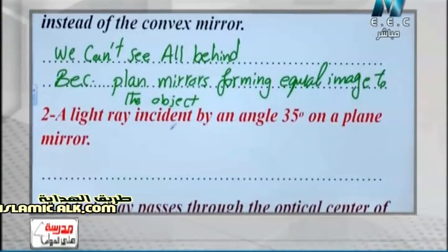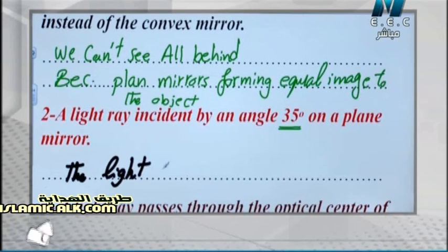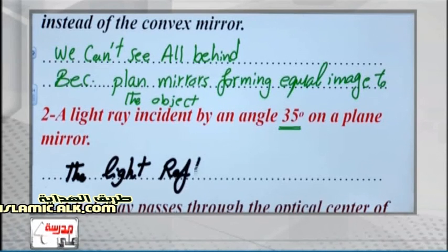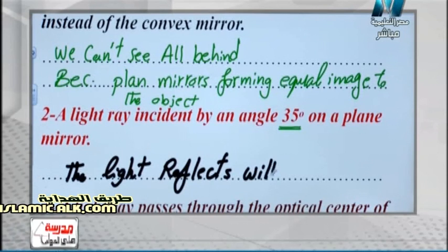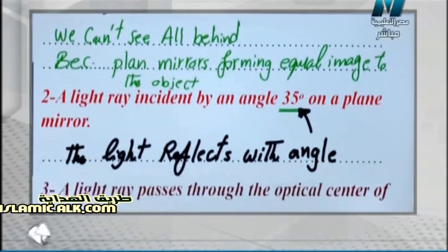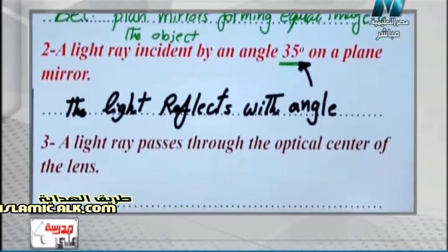We have another one. A light ray is incident at an angle of 35 degrees on a plane mirror. What happens in this case? The light reflects with an angle of 35 degrees, because the angle of incidence equals the angle of reflection, the first law of light reflection.